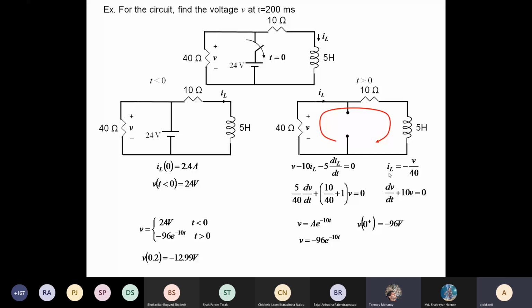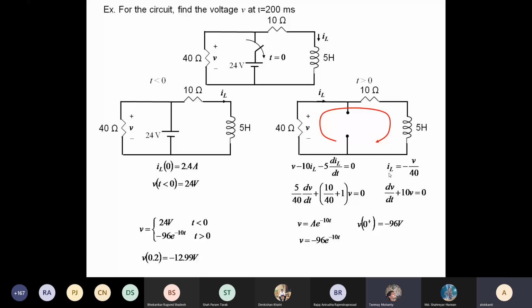We are doing that only, because V is given and the direction of IL is also given. We are not free to choose the terminal voltages of the 40 ohm resistance. The positive and negative sides of the ends are given. So that is how V is defined.